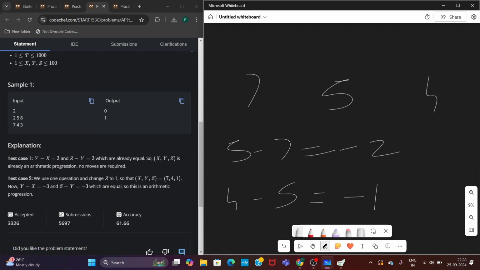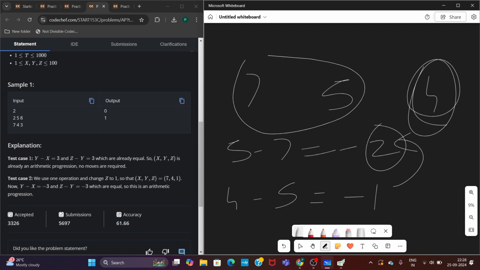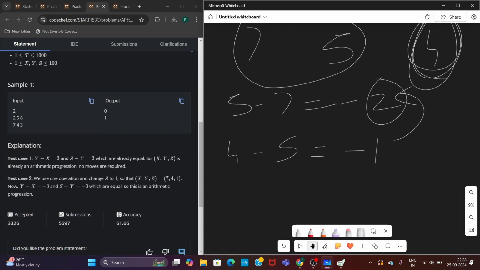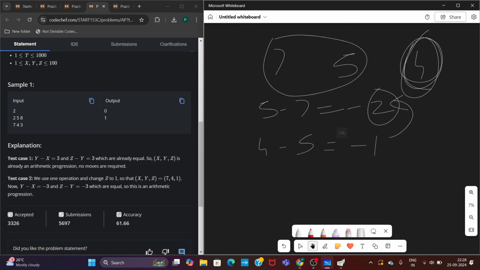Okay, so as you are able to see, we have to change only this number, so that our answer will be equal to this number. Okay, so we don't have to touch any of these two numbers. Just perform the operation only on this number. Why is there a need to perform the operation on all the numbers? Just change only a single number over here. Like you can change 4 to any number.